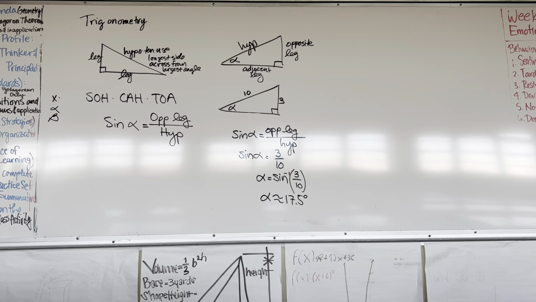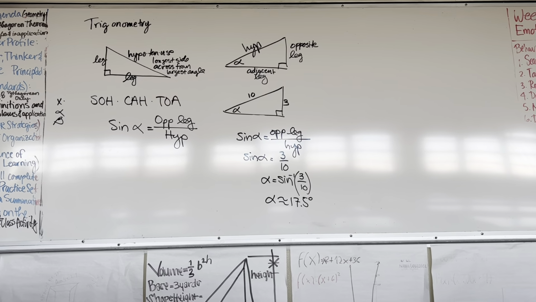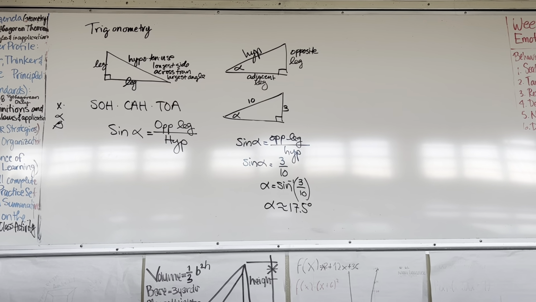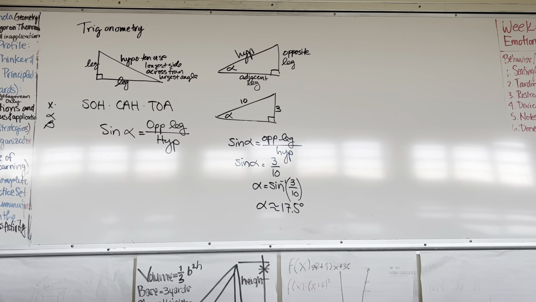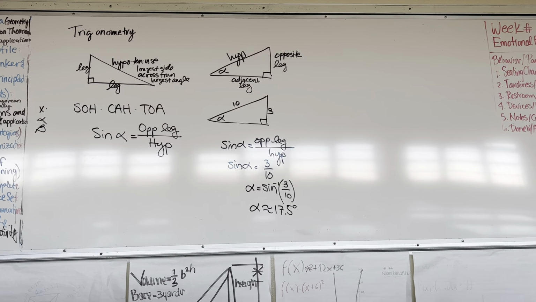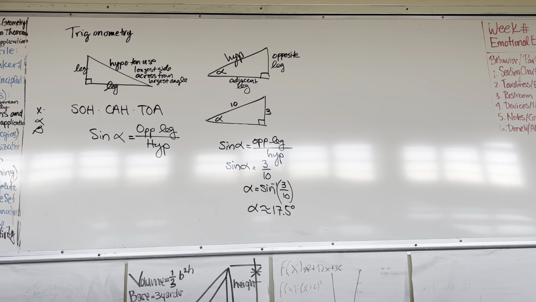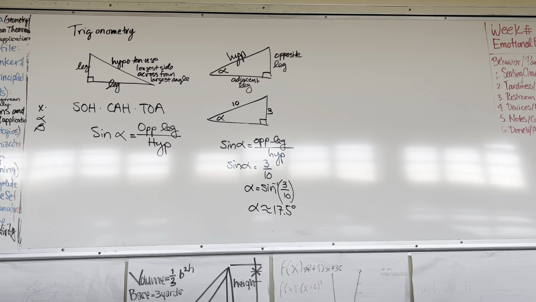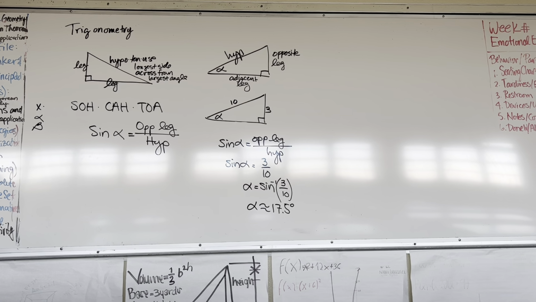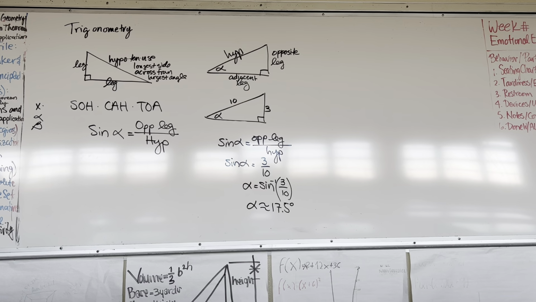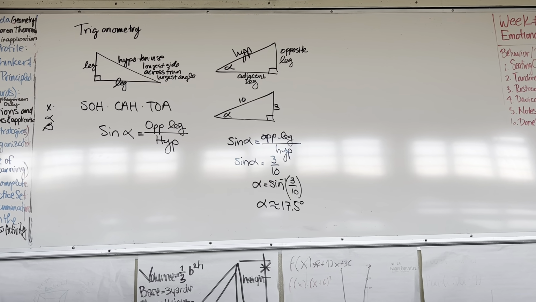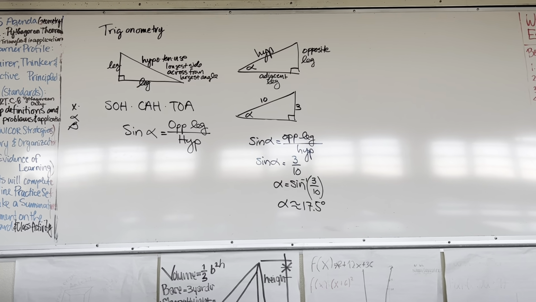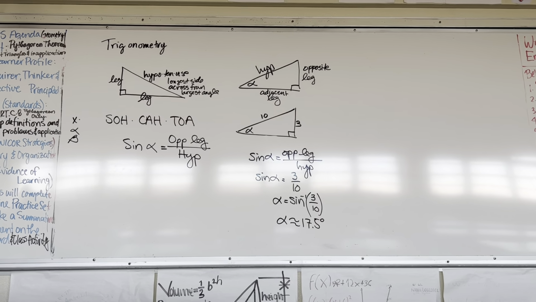Do 3 divided by 10. And look, it's exactly like on the board. Click radians there. Degrees. Do it over again. We want it to be degrees. Clear? Yeah. Clear this. Good. Click radians to degrees.